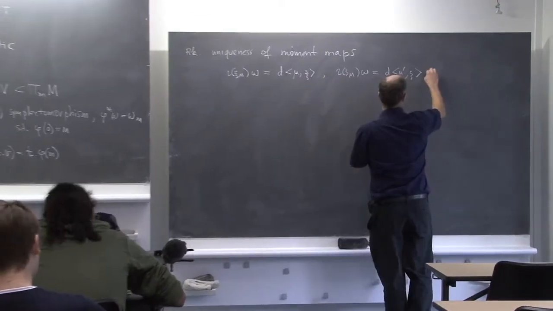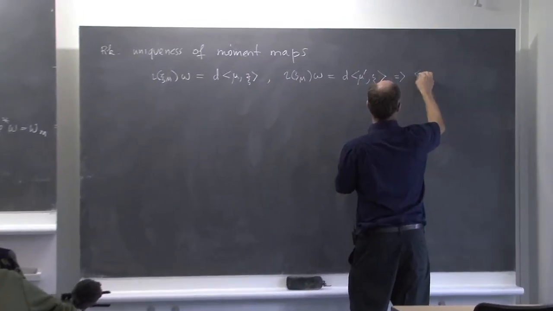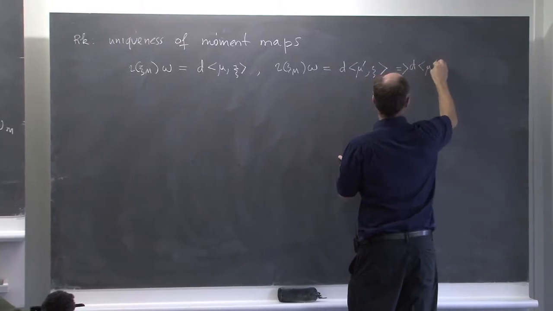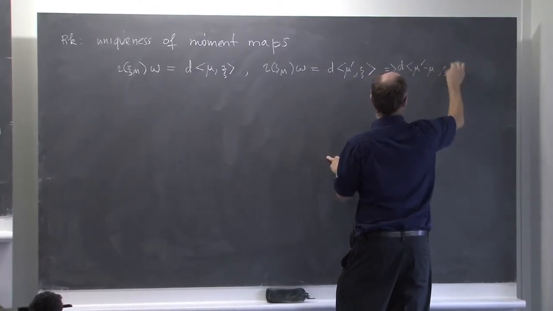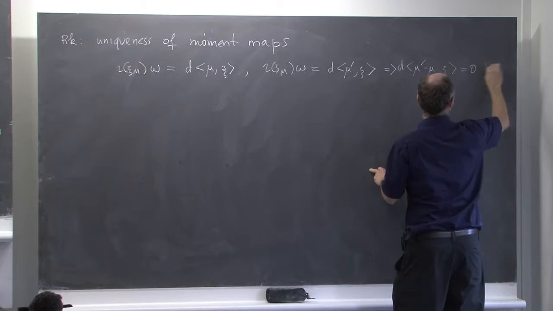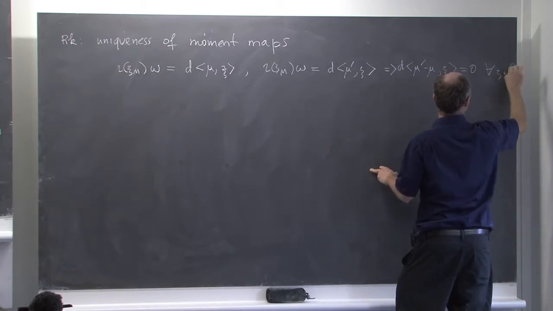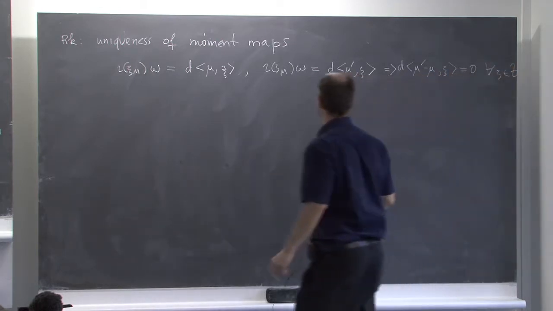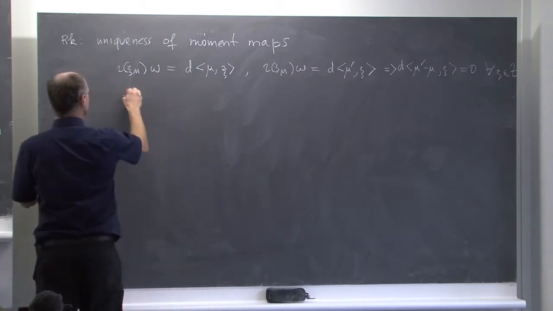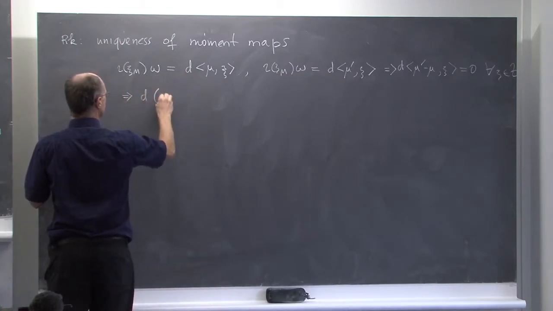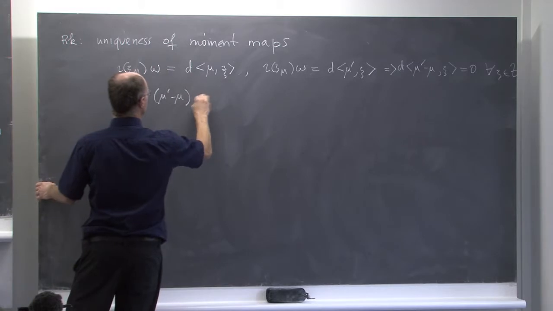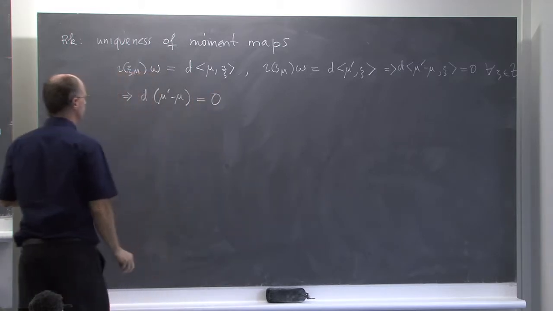Then what we get from here is d of (mu prime minus mu) psi is 0 for all psi. And this means that d(mu prime minus mu) is 0.